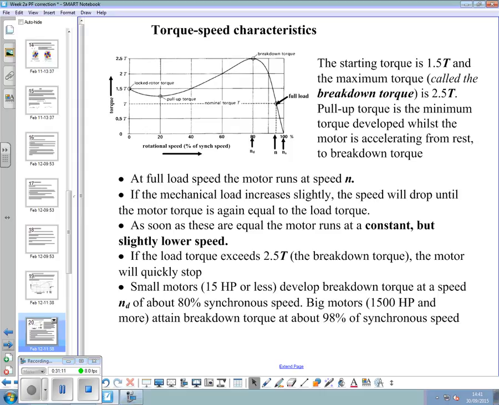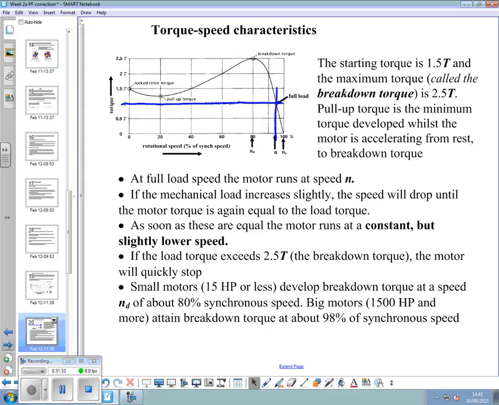At full load speed, which is where the line of 1T meets the curve, the motor runs at speed N under full load, and that would be specified for the motor.